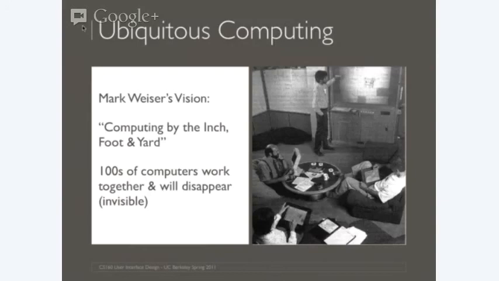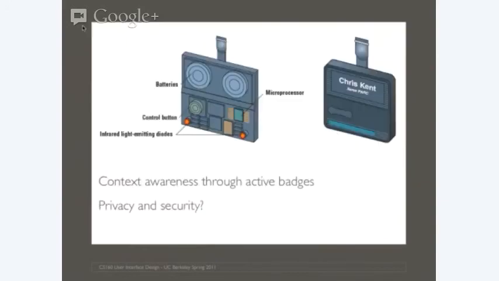However, this whole vision of ubiquitous computing was really influential, and there's a very respectable research conference that's just called Ubiquitous Computing, basically named after his vision. Part of this vision was also context awareness, so you would sense what people are doing.